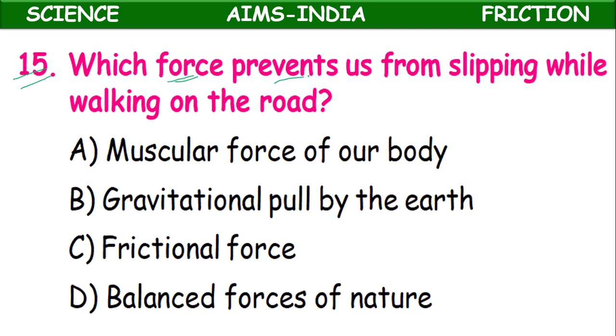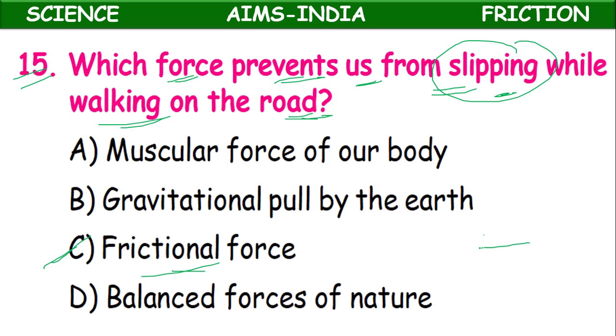Next, which force prevents us from slipping while walking on the road? The force that prevents us from slipping is frictional force. Because of frictional force, when we keep our foot on the ground, we are able to stand without slipping.